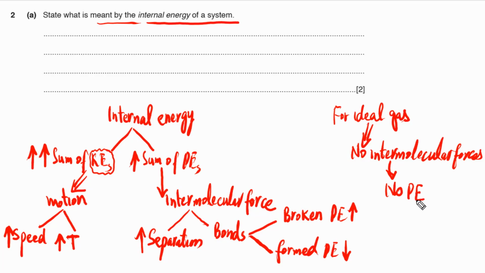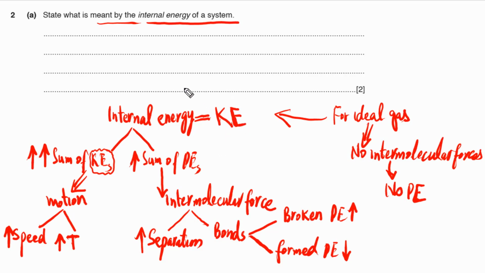So ideal gases don't have potential energy. So if no potential energy, it simply means that for ideal gases, their internal energy is simply equal to the kinetic energy of molecules, or we can simply say it is equal to the sum of kinetic energies of all the molecules.